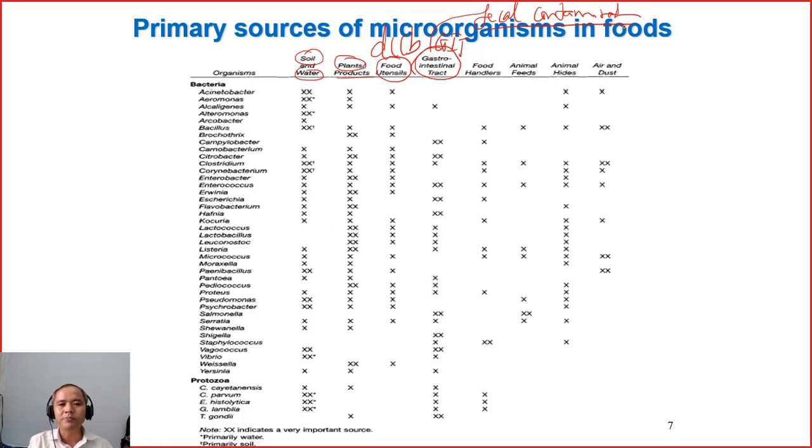Then we have microorganisms from food handlers, from the people who do the food processing, who touch their hands onto the food, and so on. So they can also carry microorganisms into food. We have microorganisms from animal feed, and also from animal hides, from the skin or the hair of animals.